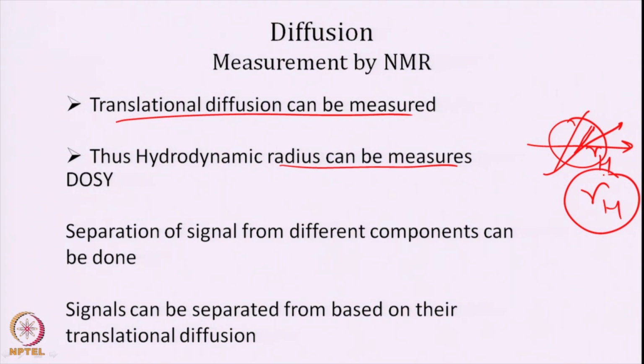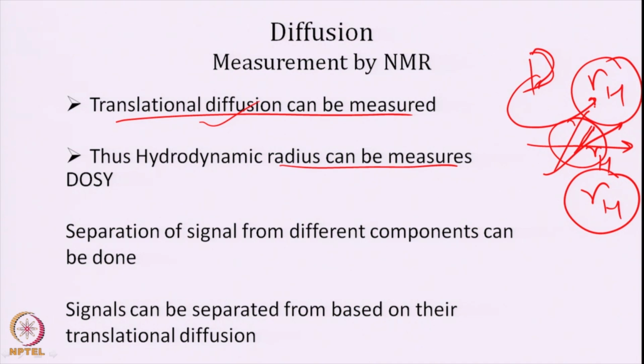That is what it is. The diffusion coefficient is very well correlated with the hydrodynamic radii, and in a moment we are going to look at how D and RH are correlated. So, using this diffusion based NMR technique one can measure the translational diffusion or diffusivity D, and by measuring D one can measure the hydrodynamic radius RH.